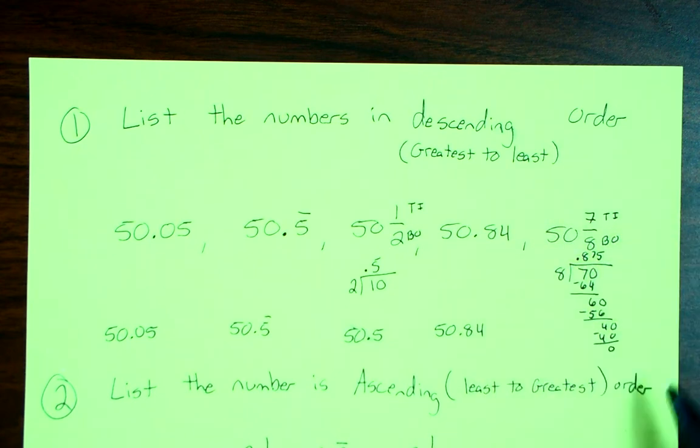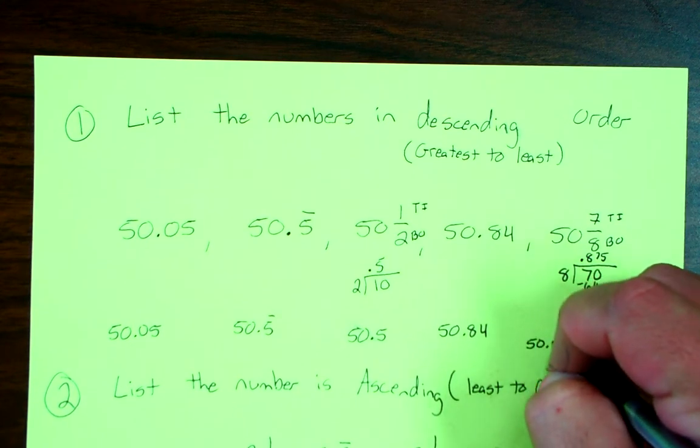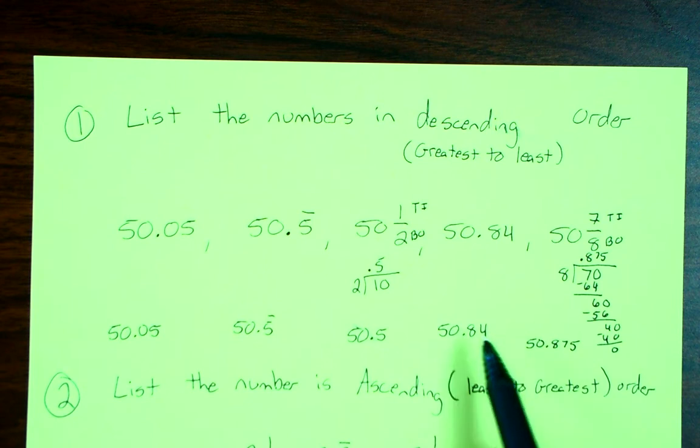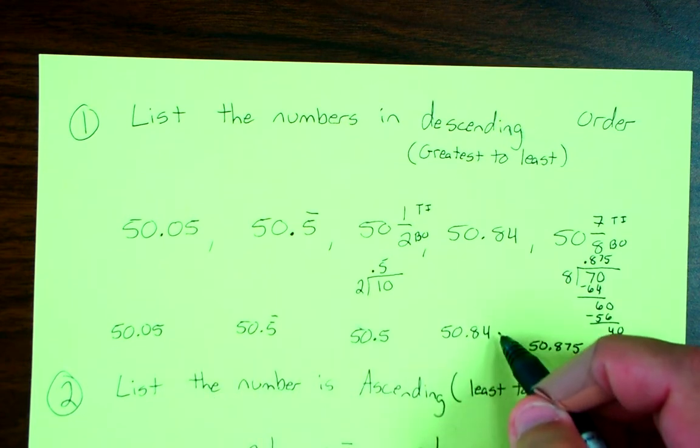Okay, so this is 50.875. Now notice how my last digit is in the thousandth spot. So I'm going to make sure all my other decimals end in the thousandth spot as well. So if there's no number in the thousandth spot, just add a 0.